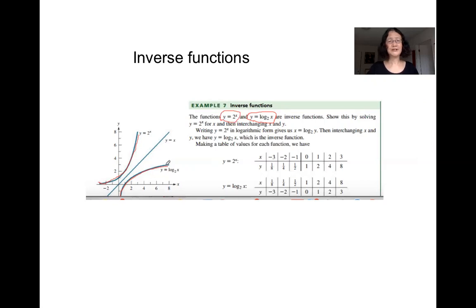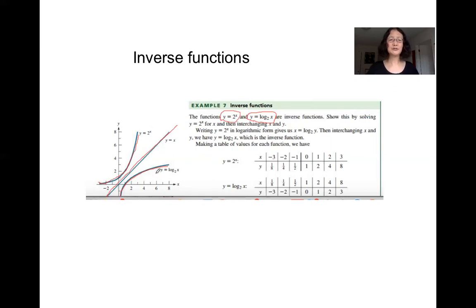The interesting thing is, if you draw a straight line y equal to x, these two graphs are symmetric about y equal to x. They mirror each other, okay? You see, they mirror each other.